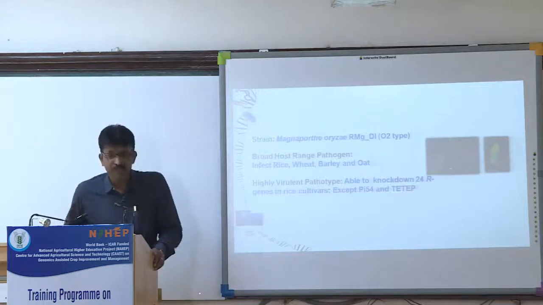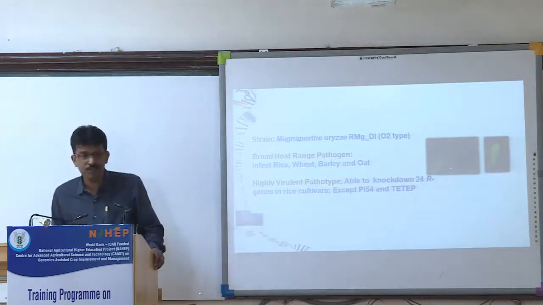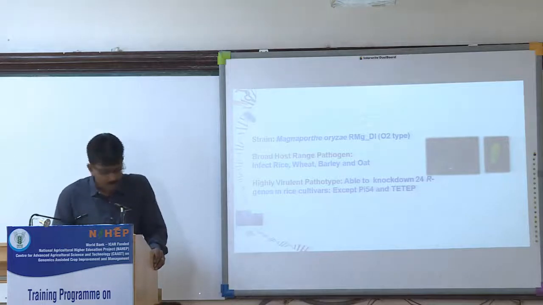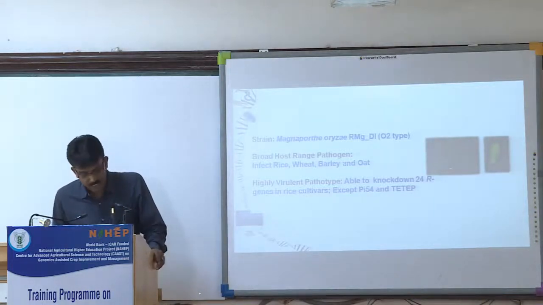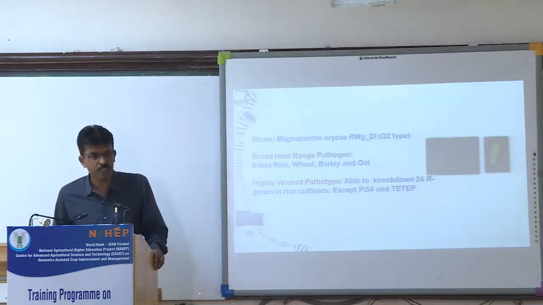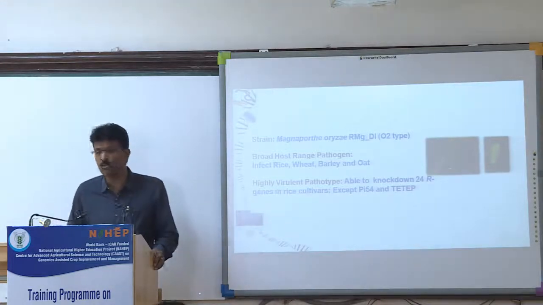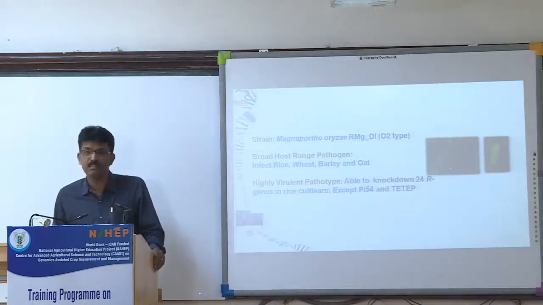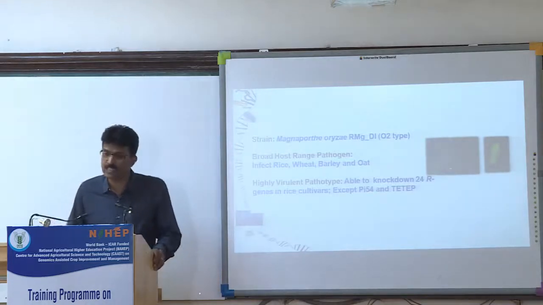The strain we have taken on board for genome sequencing is the strain written here, MGDL, and this is a very broad host range blast pathogen. Although originally isolated from rice, in our experimental studies we have confirmed that it is capable of infecting other cereals also.